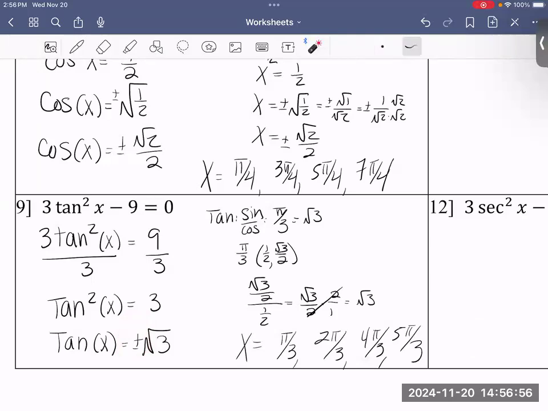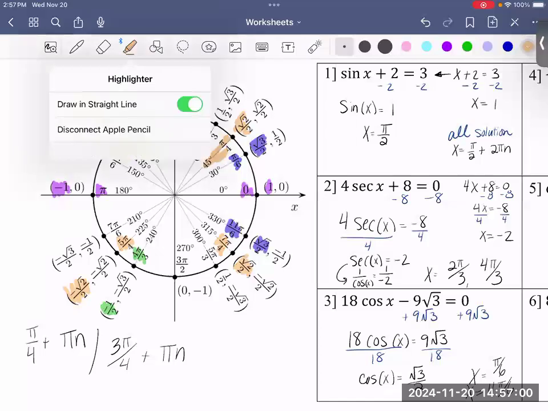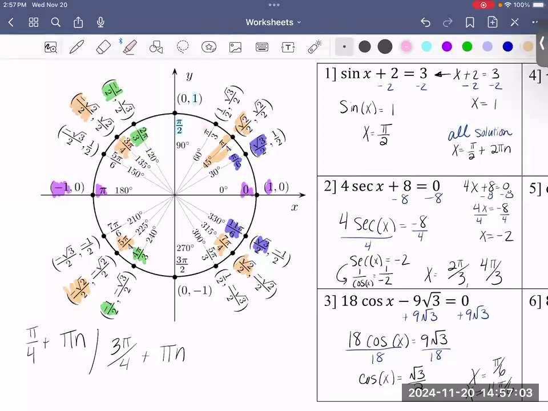And again, because some of these are just separated by your pi amount, directly across from this pi over 3 is this 4 pi over 3, right? Directly across over here. So we could write pi over 3 plus pi n.